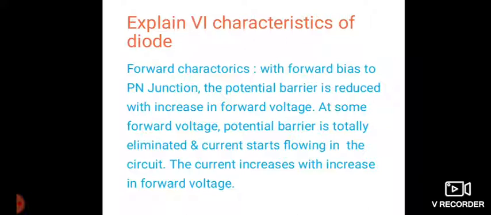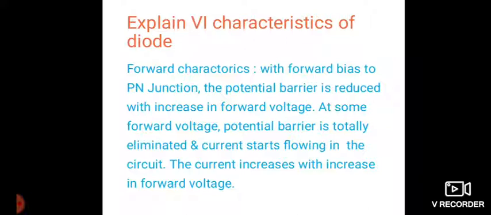Okay. In the forward bias, what happens? When we join P and N material, that joint is called a PN junction diode. When the joint is formed between P and N type material, the P material has holes as the majority carriers, whereas the N material has electrons as the majority carriers.